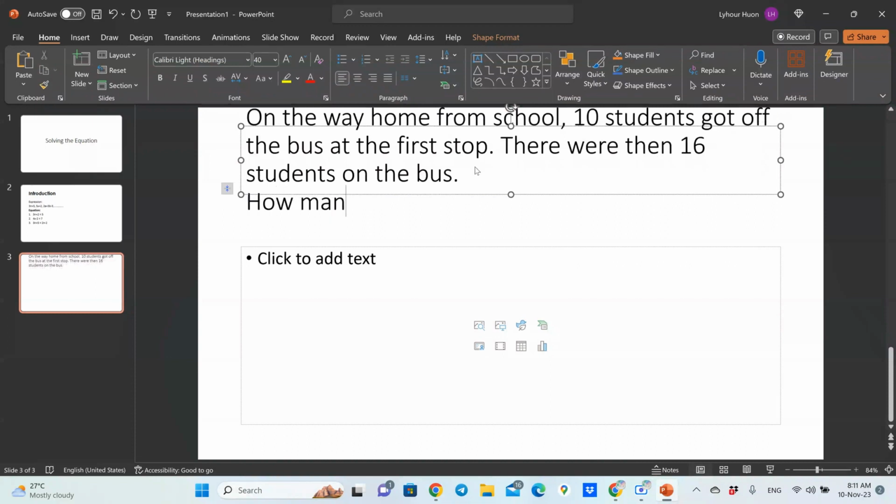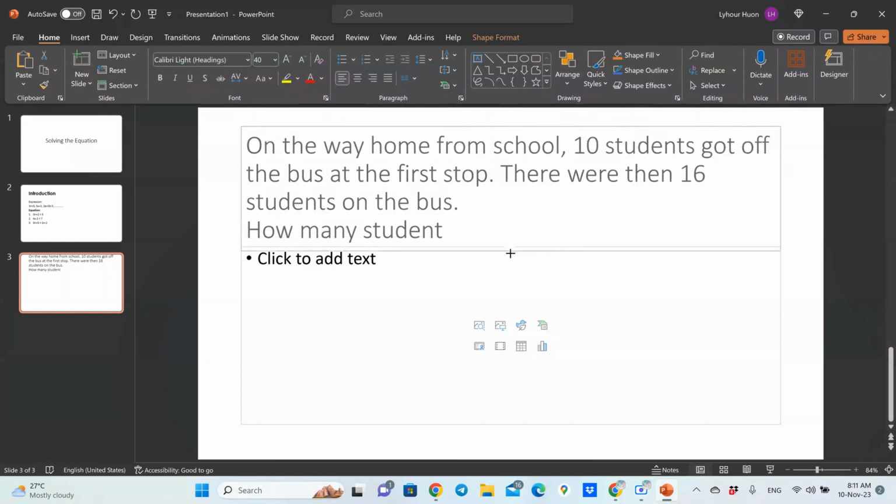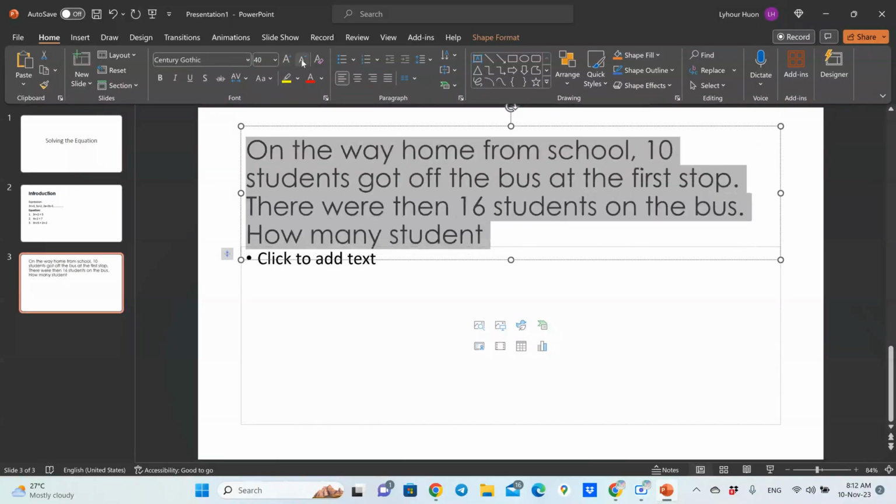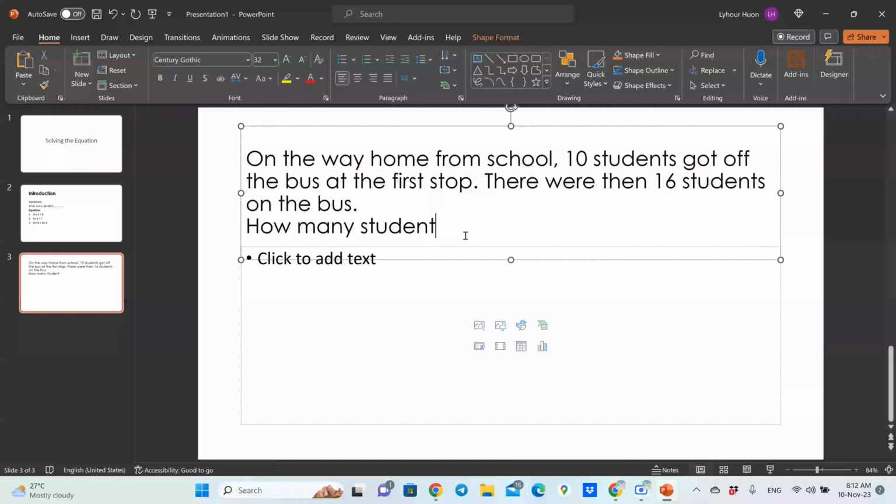How many students were on the bus? Okay, simple question.